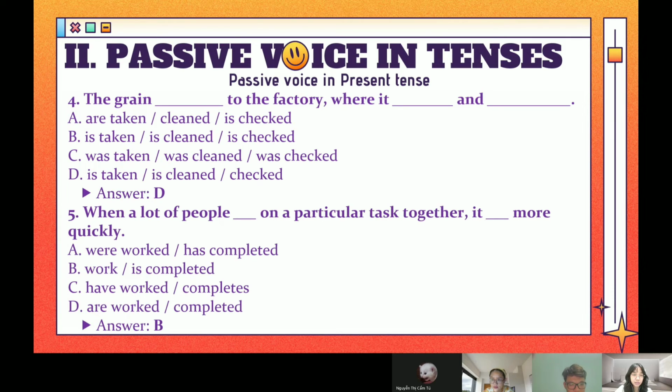The object here is the Christmas cards. It becomes the new subject. The old subject, you, is a personal pronoun, so you can omit it. And the verb here is have sent, so the question is present perfect.